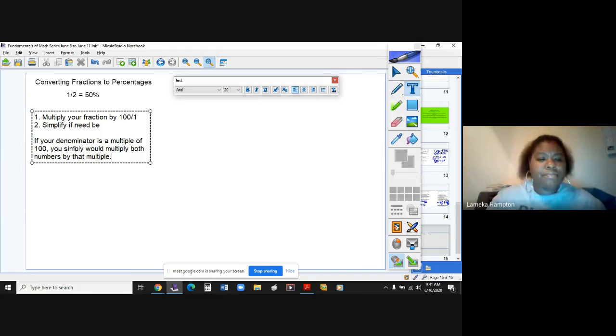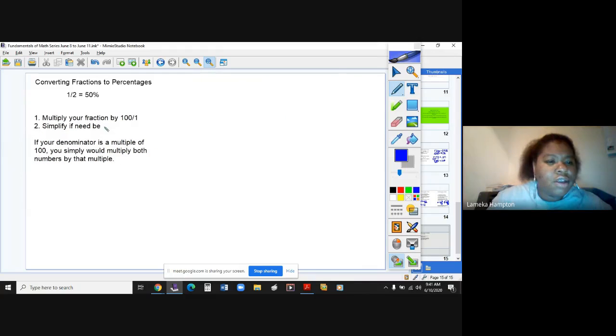Okay. So I'm going to take 1/2. I'm going to use my example. So I have 1/2. Now, I'm going to follow the first step. So I'm going to say 1/2 multiplied by 100 over 1. And we know how to multiply fractions. We multiply the top two numbers together.